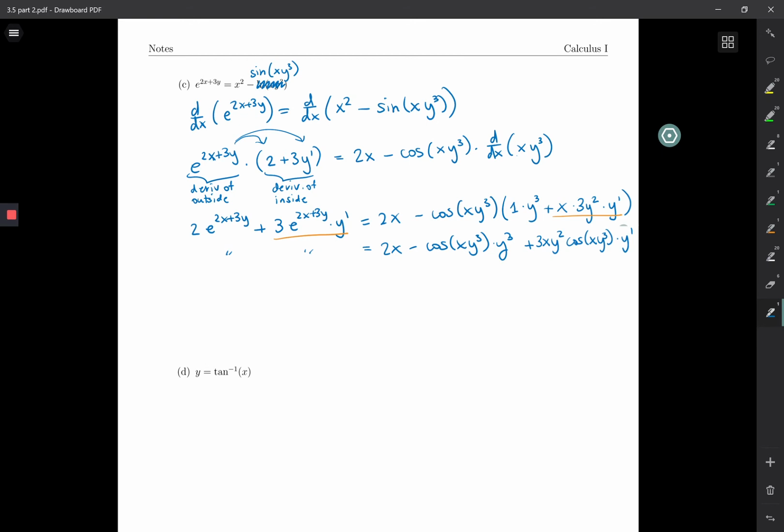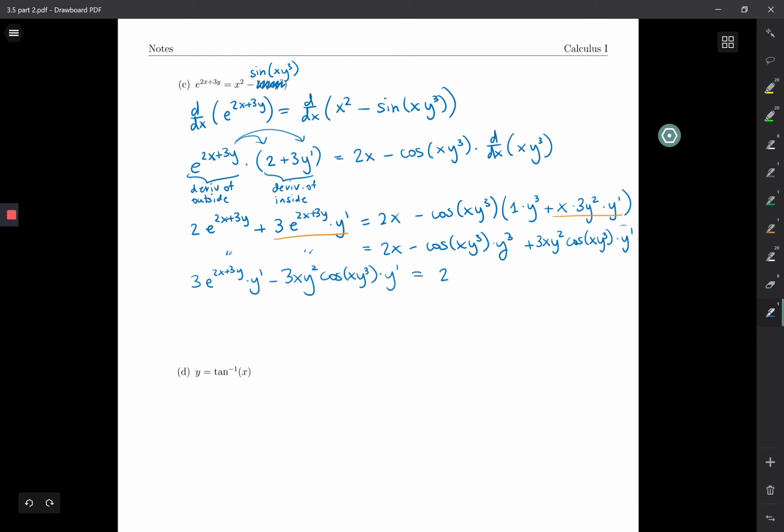Now I want this term on the same side as this other one, so I'm going to pull that over here. And at the same time, so I'm moving through the steps a little bit faster this time, I'm going to pull this other term that doesn't involve a y prime to the other side. So I would get 3e to the 2x plus 3y times y prime minus that other term with y prime in it, so 3xy squared cosine of xy cubed times y prime.